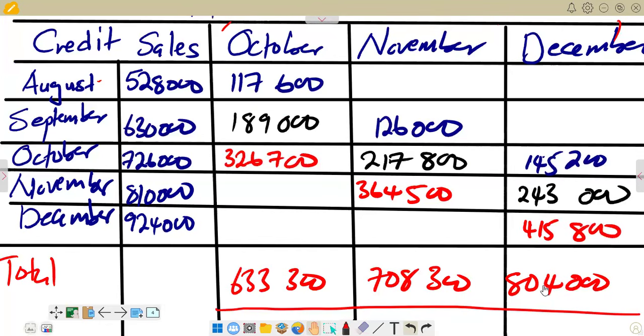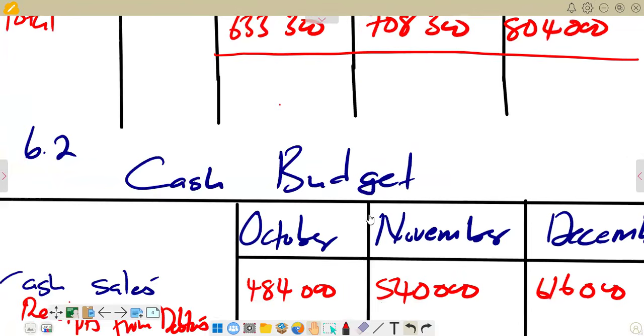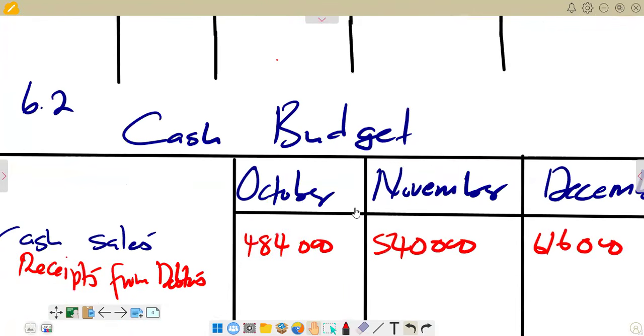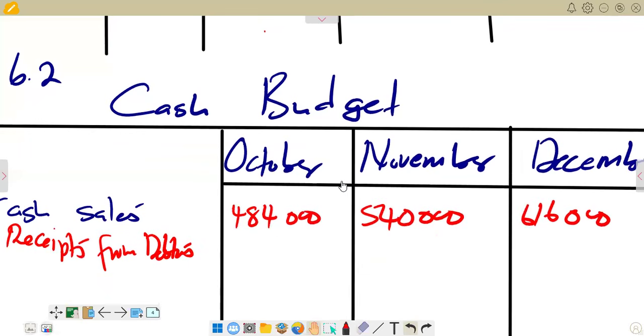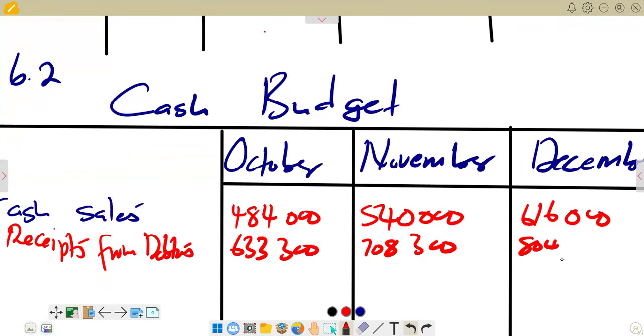Then for December, 804,000. These are the receipts that we have.